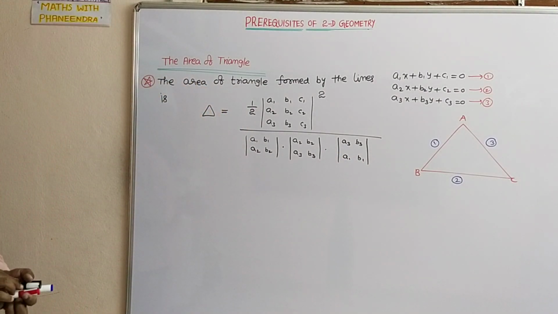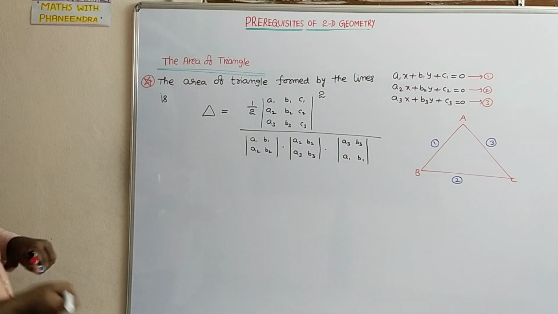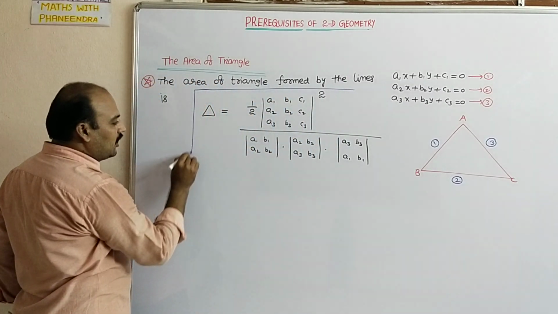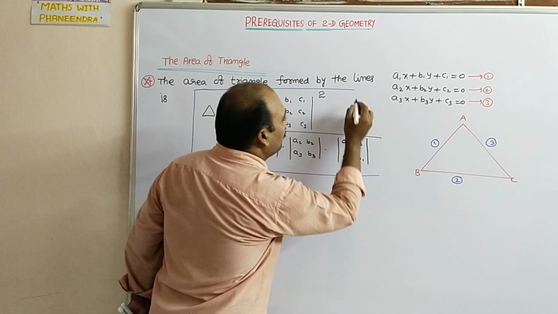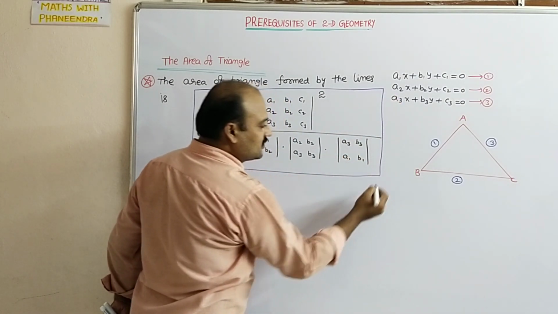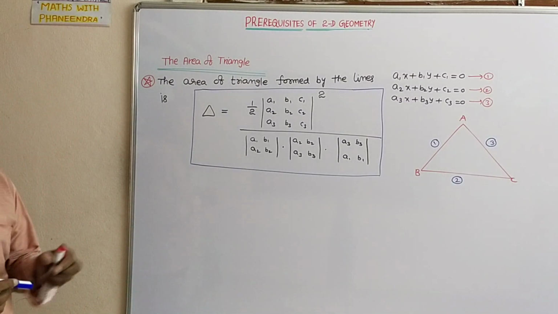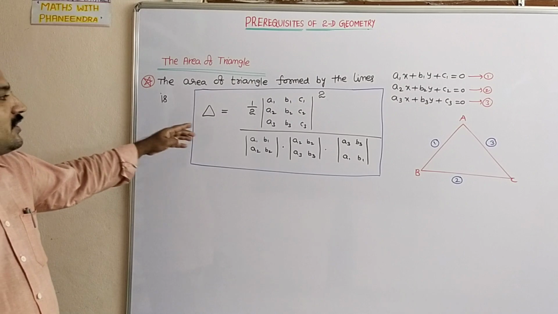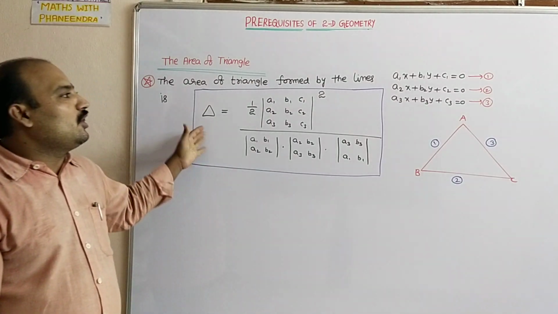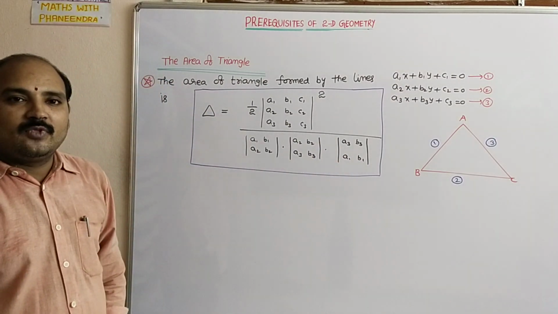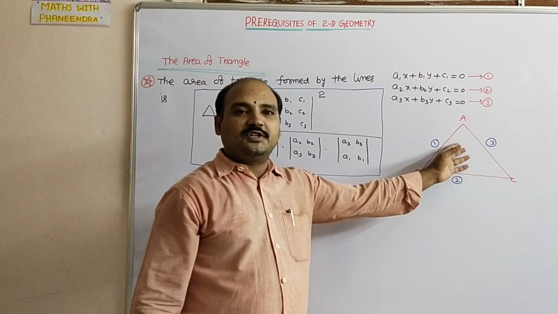This is the formula. If we apply it, you will get the area of the triangle formed by the given three lines. No need to solve the three equations and get the vertices and then apply the earlier formulas we discussed in this class. If you go like this, you are able to do that. This is the area of the triangle formed by the 3 lines that we are going to get.